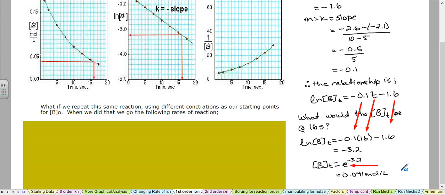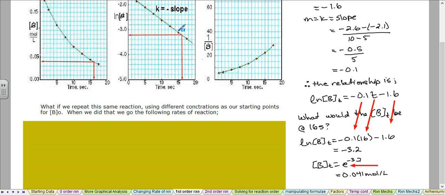Maybe take a second right now and pick a couple other points on the graph, maybe extrapolate one point within the graph so you can test and see if it works out. It did in this case. 16 seconds did give us a concentration of 0.41.